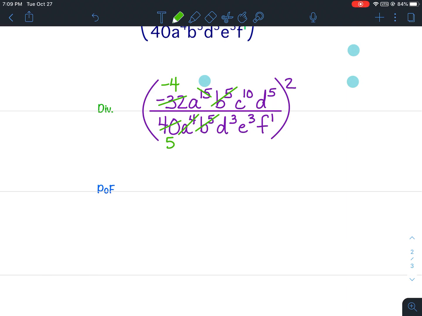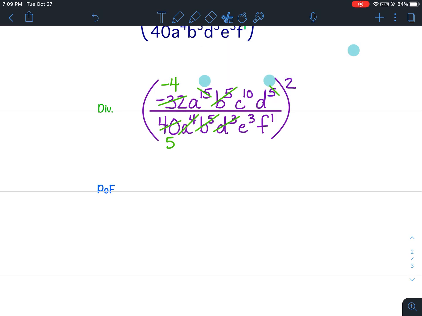And then the only other term that we can divide here are our D terms. There's a C in the numerator, but not in the denominator, and then there's an E and an F term in the denominator, but not in the numerator. So the only other thing I can divide are my D terms. D to the 3rd has the smaller exponent, and you need to figure out what the exponent for the D would be.